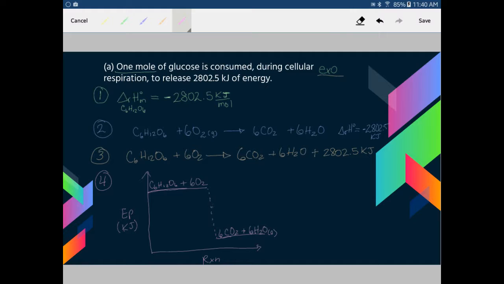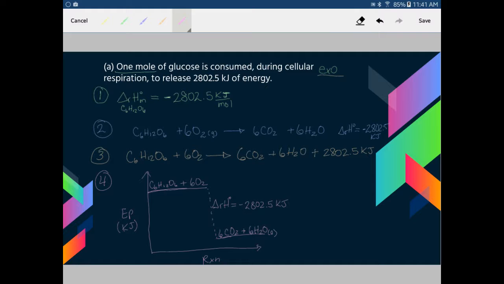And I would record my enthalpy value here to be negative 2,802.5 kilojoules. I show my change in enthalpy with my reactants and my products, so we see a negative enthalpy change.